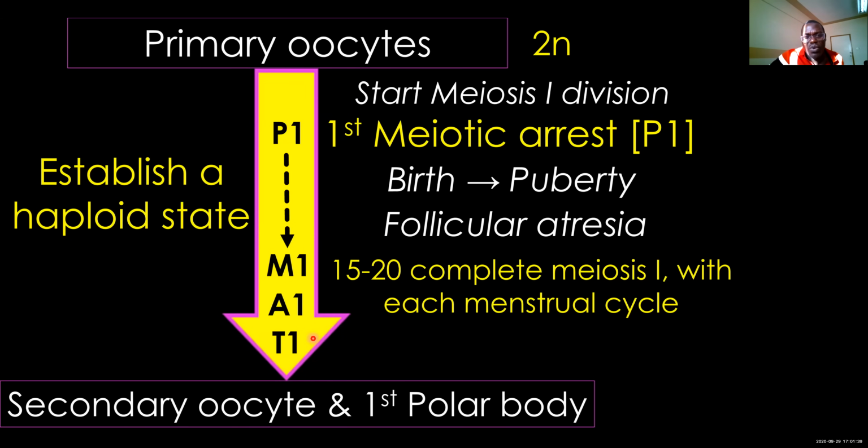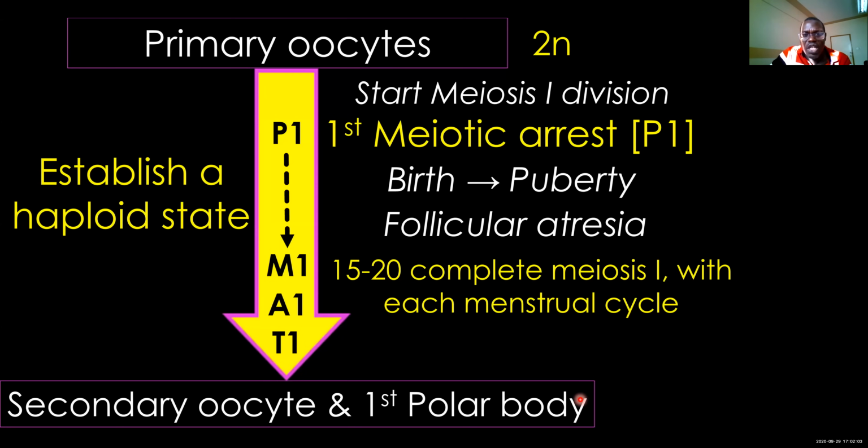One cell goes with a large cytoplasm, and that is the one we call the secondary oocyte. The other cell becomes very tiny, with very little cytoplasm, if any, so it only contains the excess genetic material. We call that a polar body.